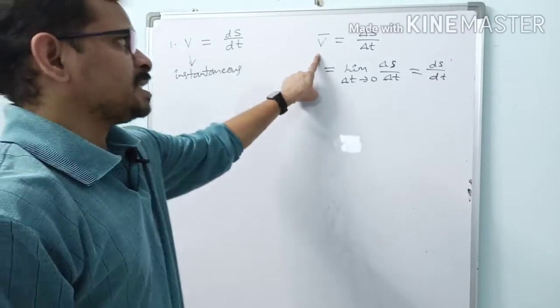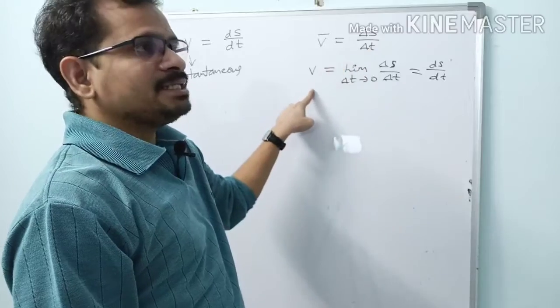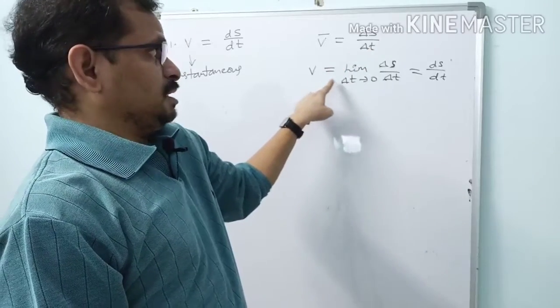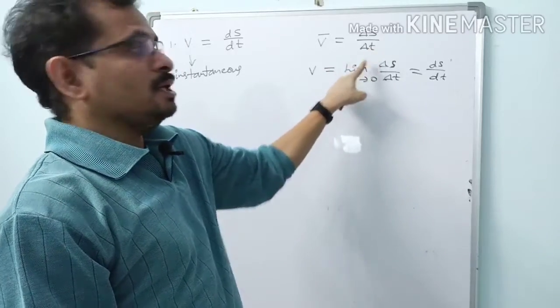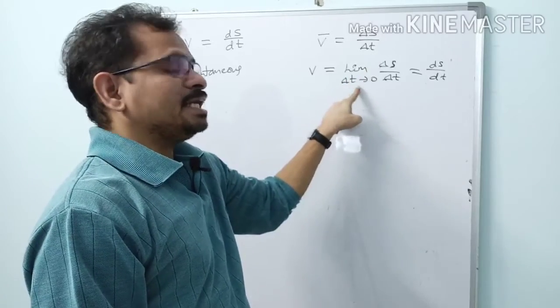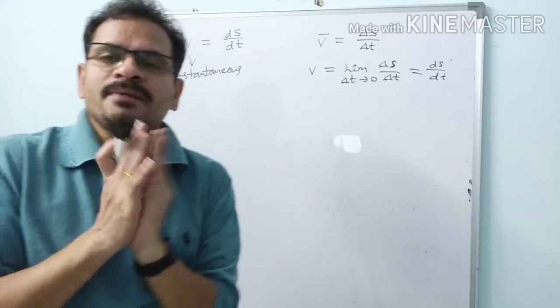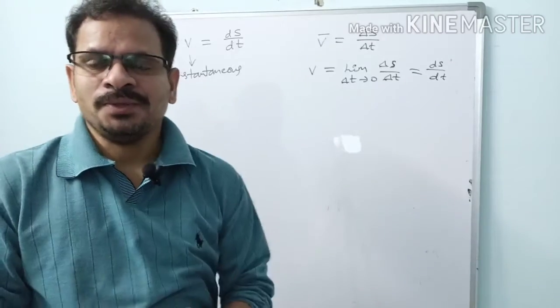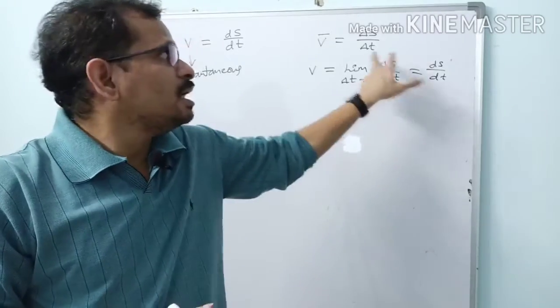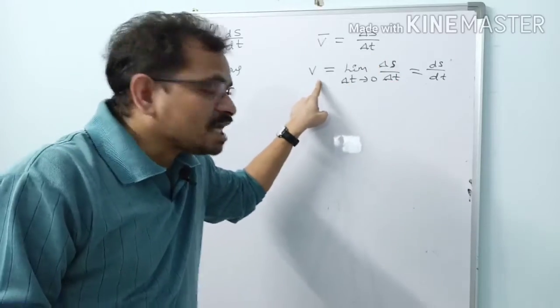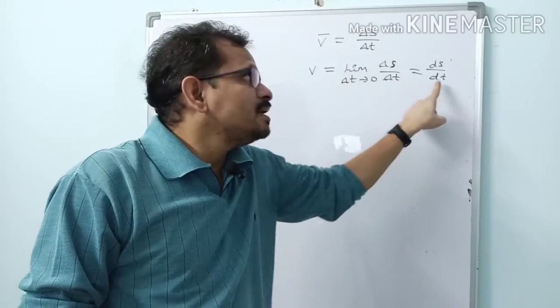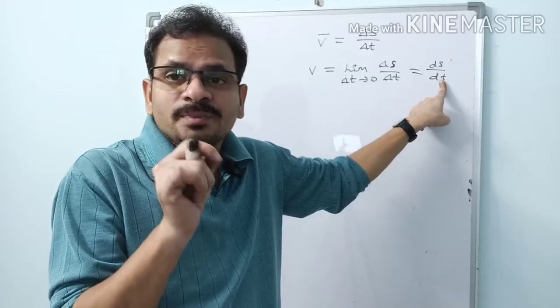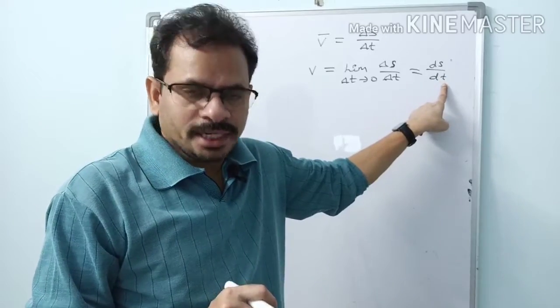So average value is expressed as delta s by delta t, and we can get the instantaneous value from the average value by applying the limit delta t tends to 0, that is, making the time interval very close to 0. Average value is meant for a large time interval, whereas instantaneous value is meant for an infinitesimally small time interval, that is dt.